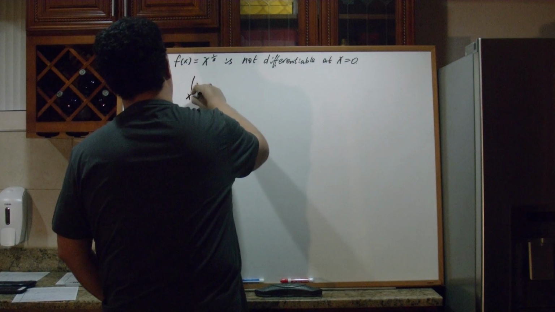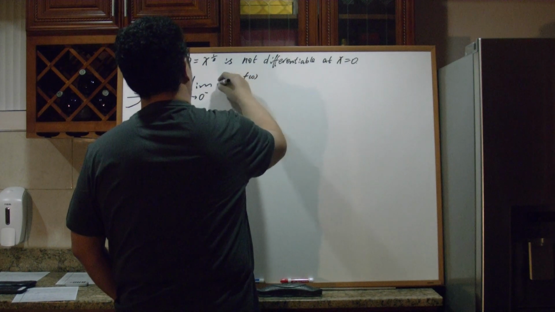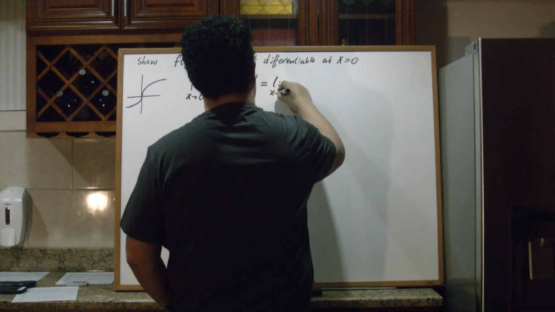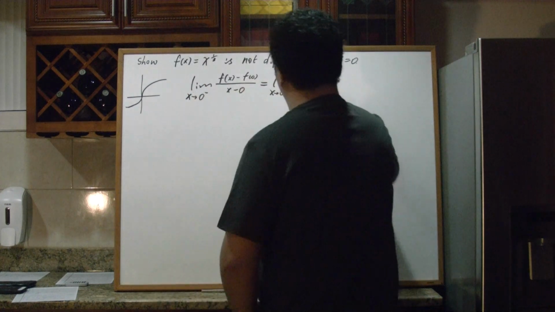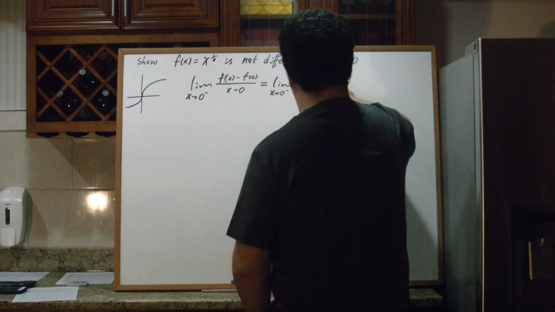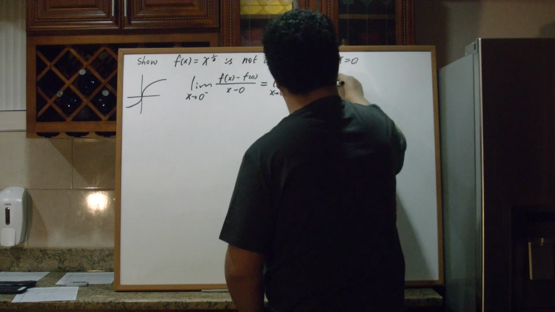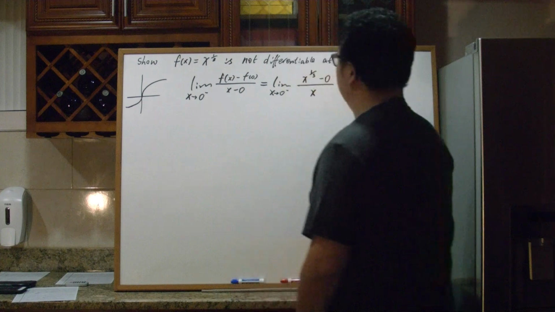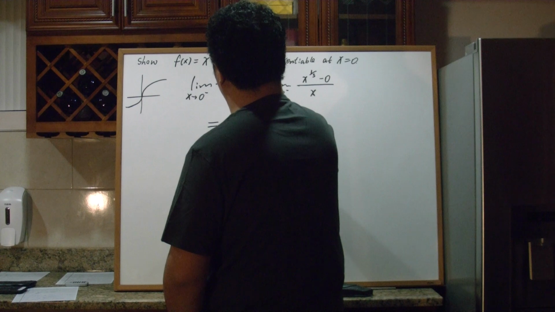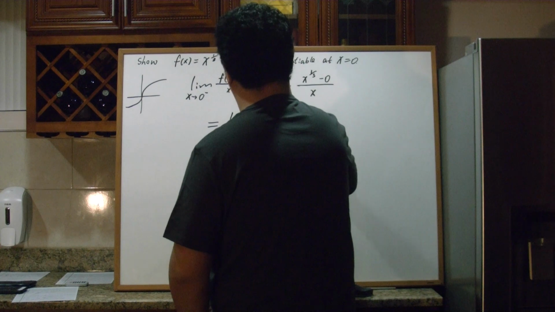The limit from the left of f of x minus f of 0 over x minus 0. f of x is x to the 1/3, f of 0 is 0 to the 1/3, which is 0, and the denominator is x. So when we simplify, that's the limit as x approaches 0 from the left of x to the 1/3 over x.